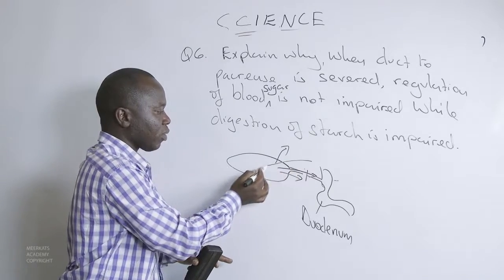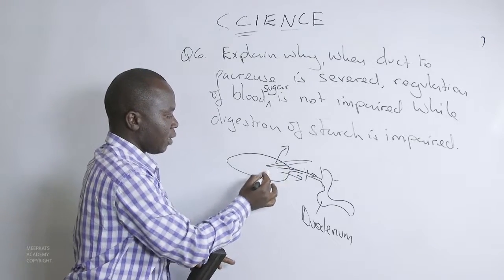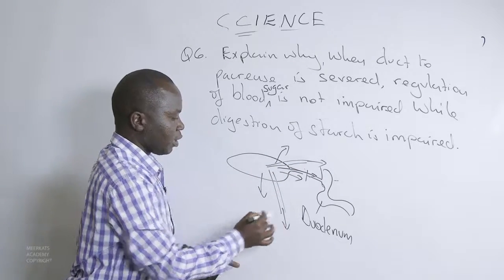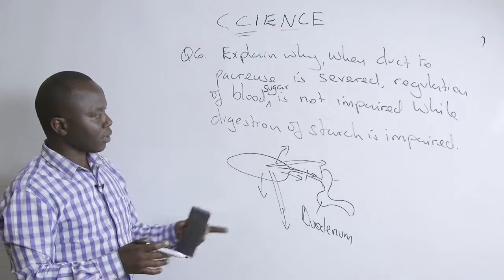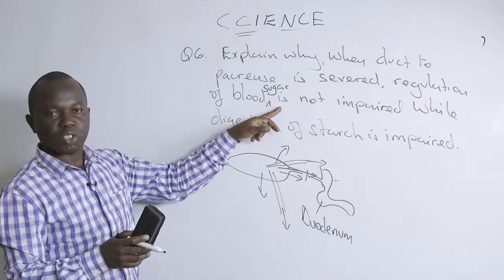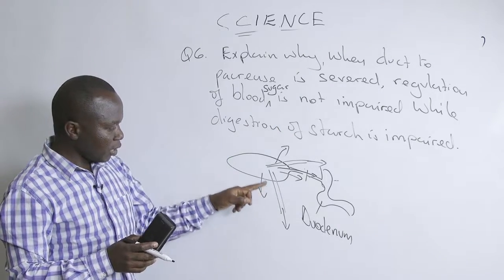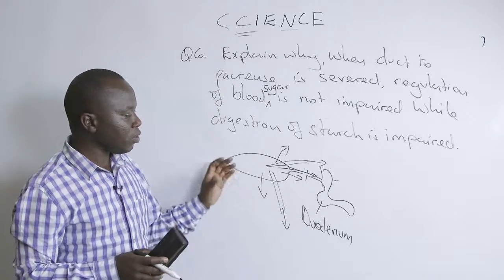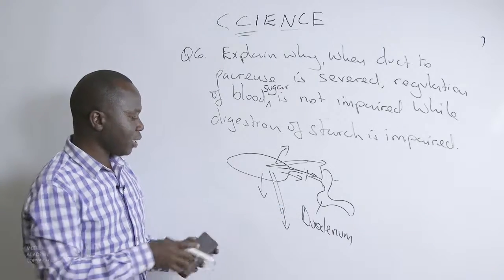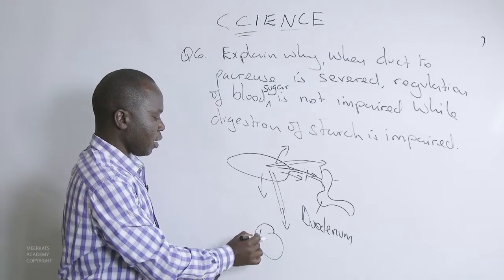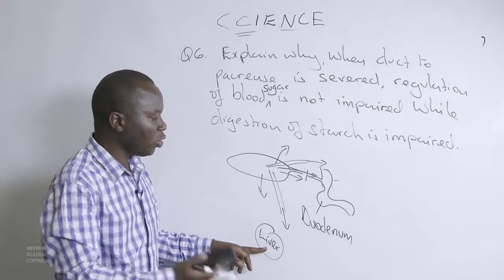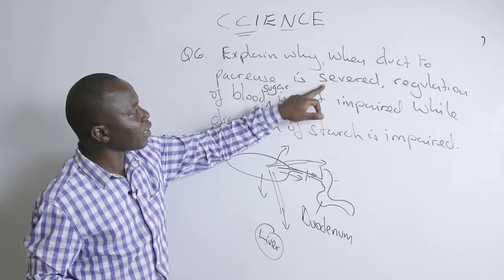If there is any vessel supplying and getting blood away from the pancreas, those hormones that control blood sugar will just diffuse in blood, and then they will be transported to the target organ, and that target organ is the liver, and regulation of sugar will continue as normal, as if nothing has happened.